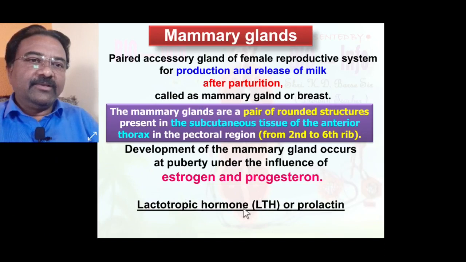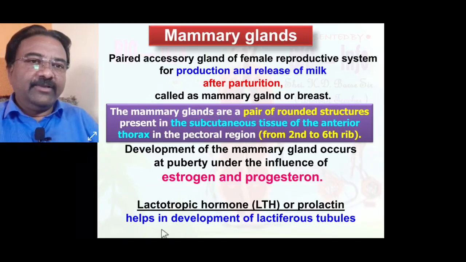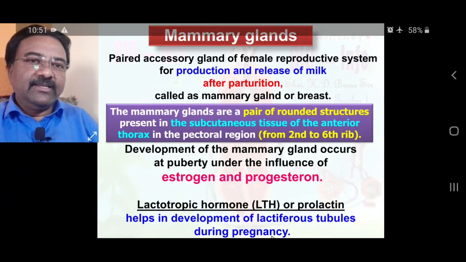Lactotropic hormone or prolactin hormone of the pituitary gland helps development of lactiferous tubules during pregnancy. So this is also one of the noted points: which hormone helps development of lactiferous tubules during pregnancy.